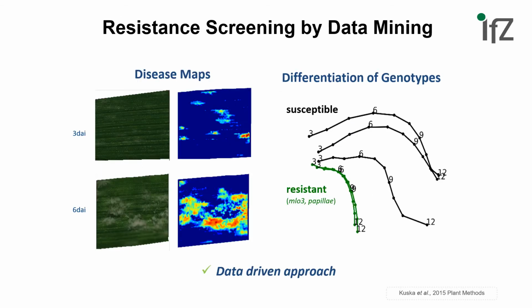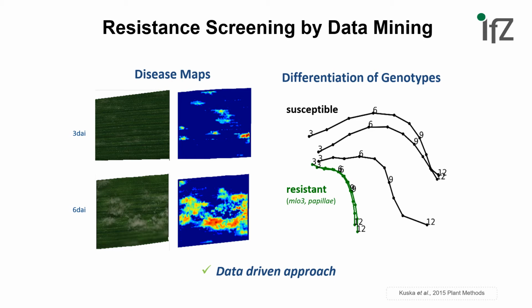So we investigated our tissue with hyperspectral imaging, we extracted the spectral signatures, and we developed spectral traces of the different genotypes. And it was very interesting to see that the susceptible genotypes had different spectral traces. This was due to the different disease development.